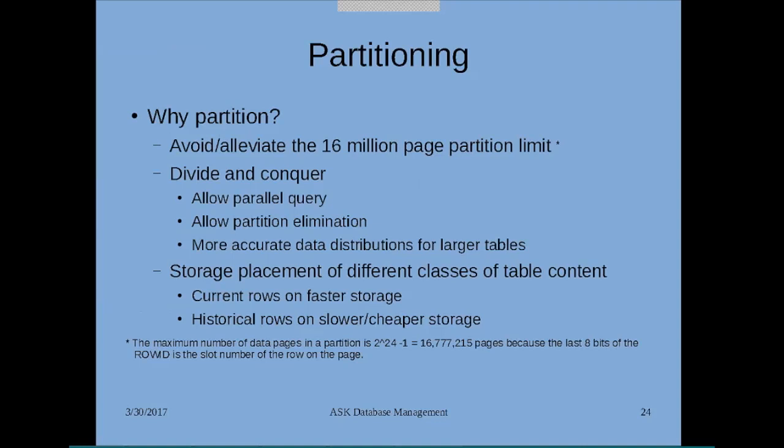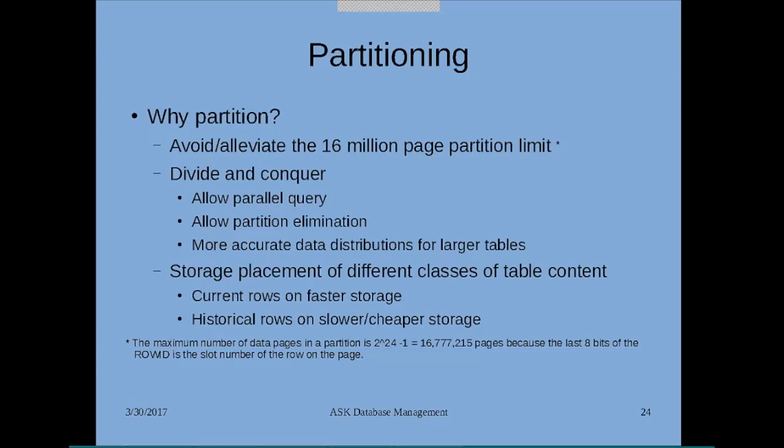So one of the reasons to fragment or partition a table is to get around or past the 16 million page limit, right? Because of the way row IDs are addressed, a data partition can only have 16,777,215 pages in it. After that, it will start to report an out-of-space error, okay?